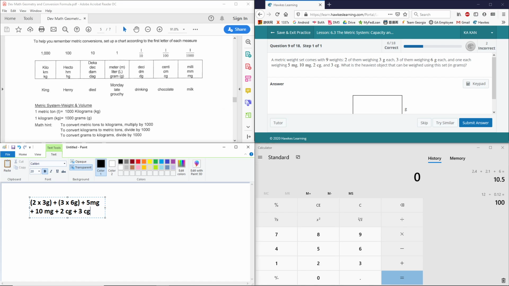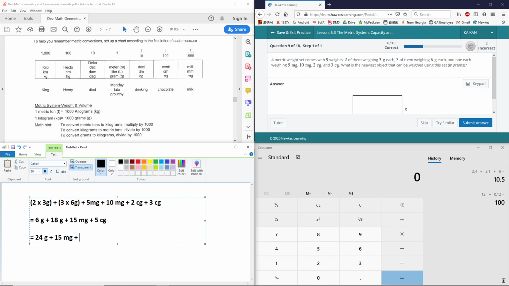Of course you can make this a little bit easier by doing some quick calculations, which shows that 6 gram for the first one, plus 18 gram, plus that's 15 milligram, right? And then plus that's 5 centigram, which is 24 gram plus 15 milligram plus 5 centigram.